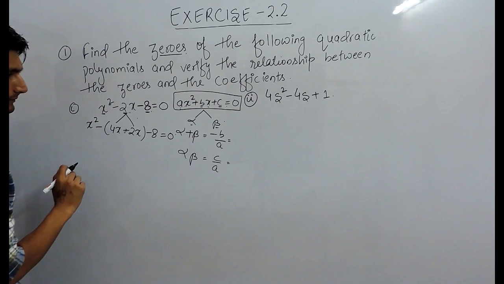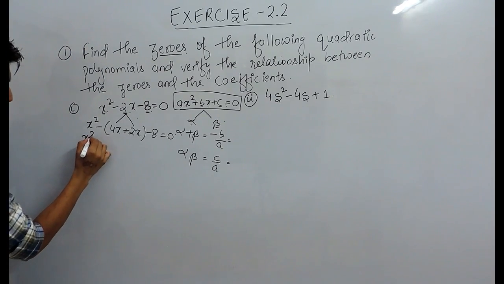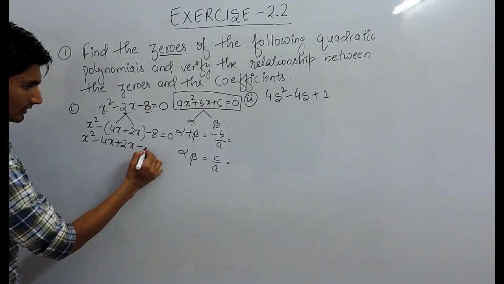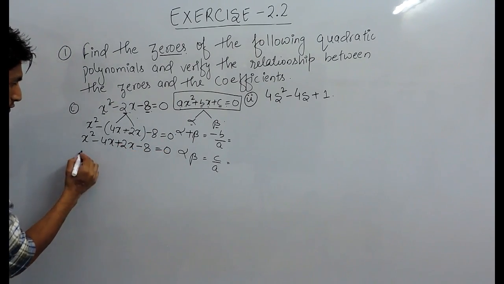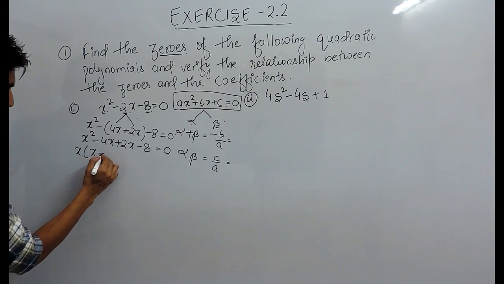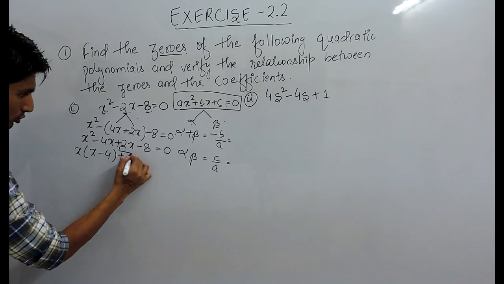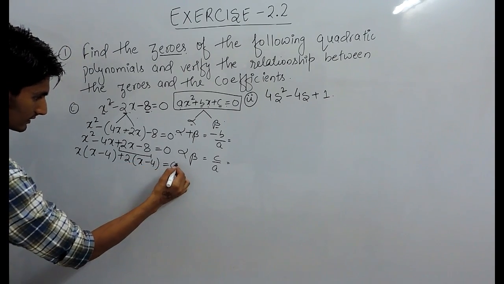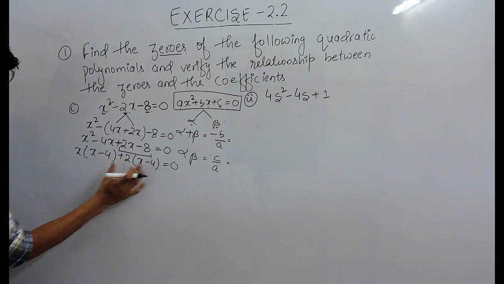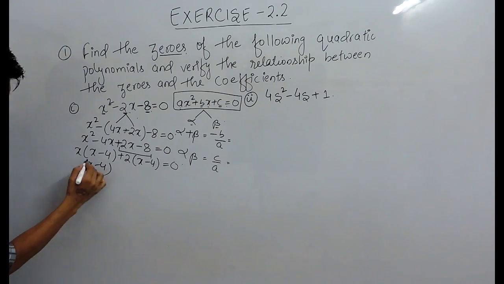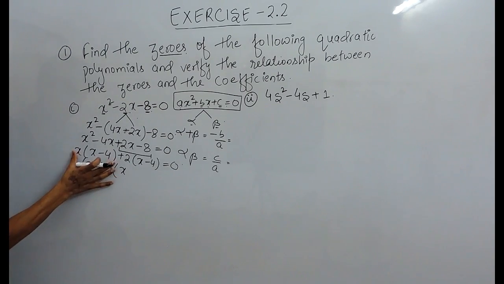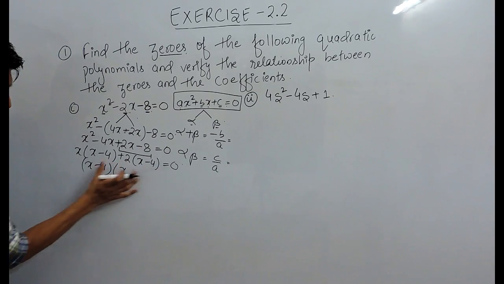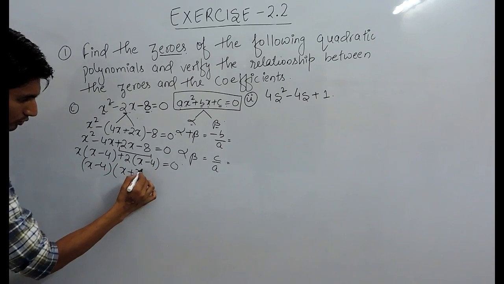This sign is important. Taking x as common from the first two terms, this is x minus 4... sorry, x plus 4 in the first bracket. Then from the last two terms taking 2 as common, x plus 4 will remain. So x plus 4 is common: from the first, only x will remain inside the bracket, and from the second, only minus 2 will remain.